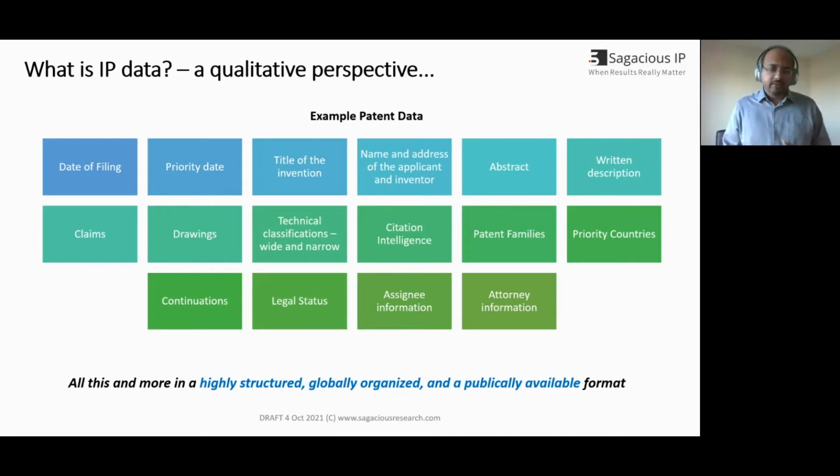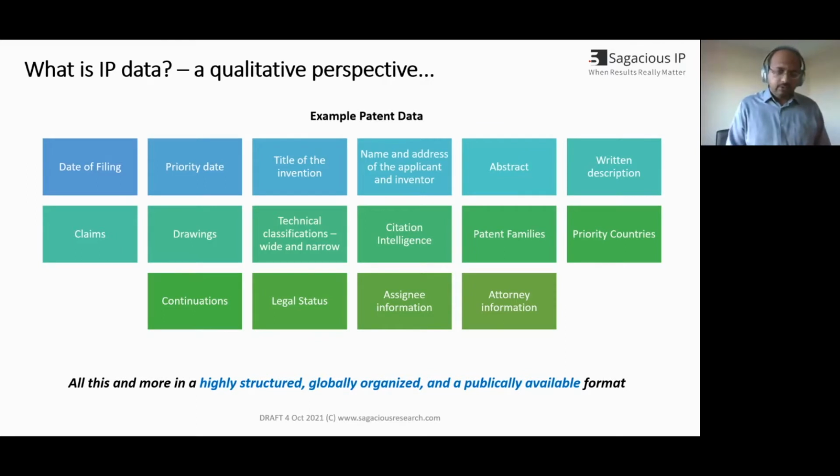You have citation information, which is very rich: if a patent is an innovation, what other sources of information it used to arrive at this patent, or which countries the patent is filed in, and so on and so forth. So there is a lot of information available around each patent.